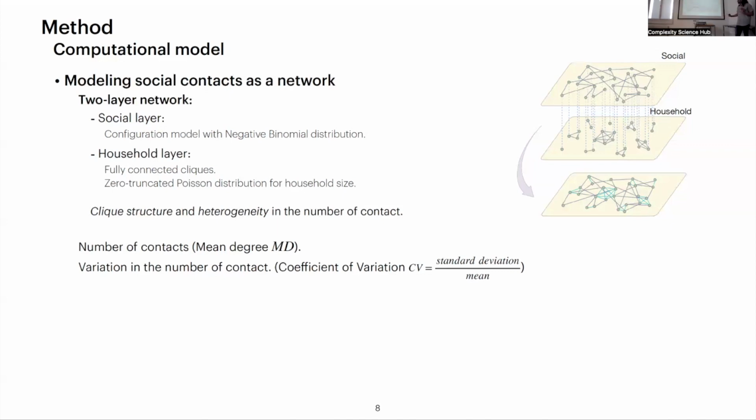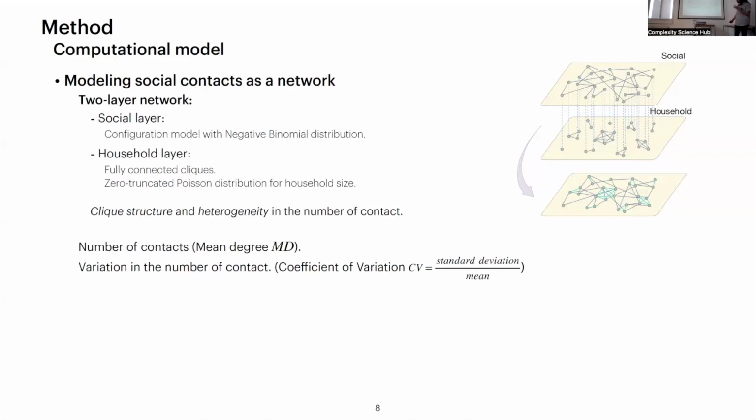Considering these two layers, what we really care about here is two parameters of our constructed network. The first is the density of the links, so mean degree. And the second important parameter is the variation in degree.